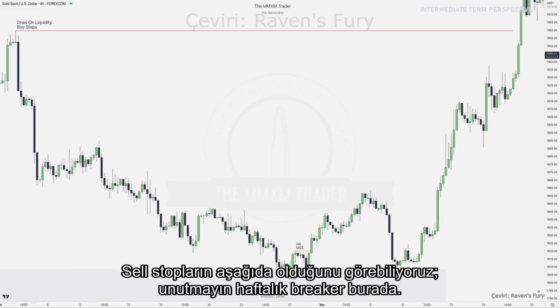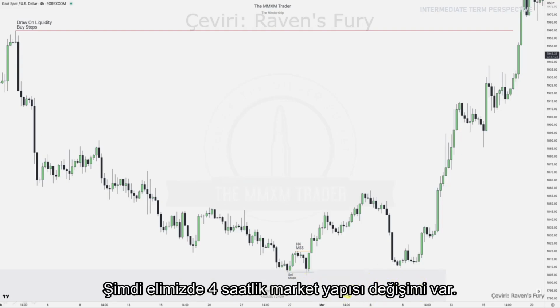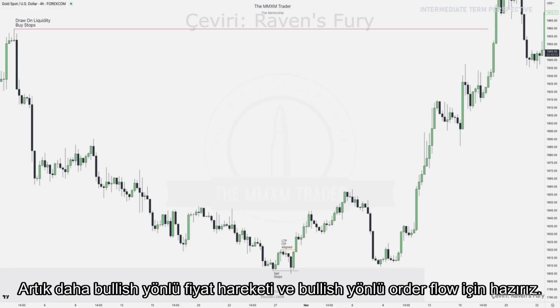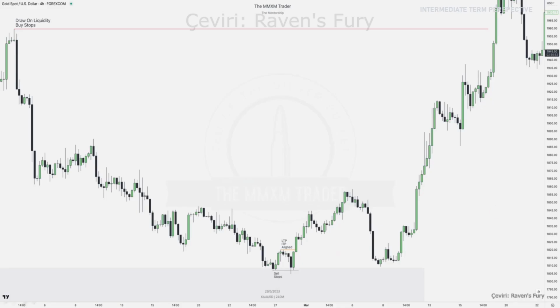Now we can see this sell stop run down in that, remember that weekly breaker, right, is down here. Now we have this 4-hour market structure shift, and then we can say, all right, long-term perspective and intermediate term perspective are aligned, and now we are good to go for more bullish price action and bullish order flow.